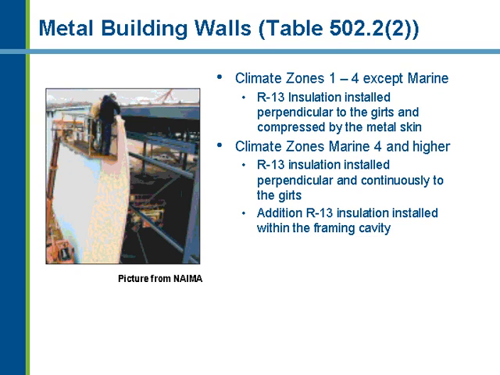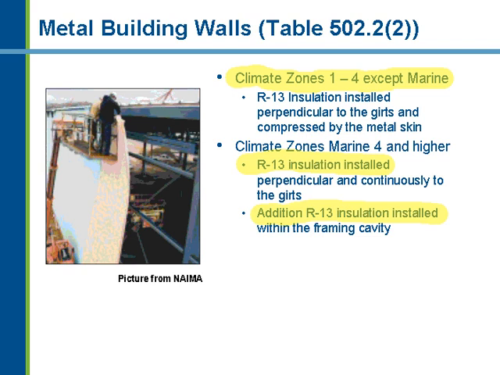We talked a little bit about metal building walls, and again, we talked about installing R13 insulation perpendicular to the girts, and this is compressed by the metal skin. Now, this is all that's required in climate zones 1 through 4 except marine, but in colder climates, we have to install R13 insulation installed perpendicular to the girts, and then an additional R13 insulation installed within the framing cavity, so parallel to the girts.